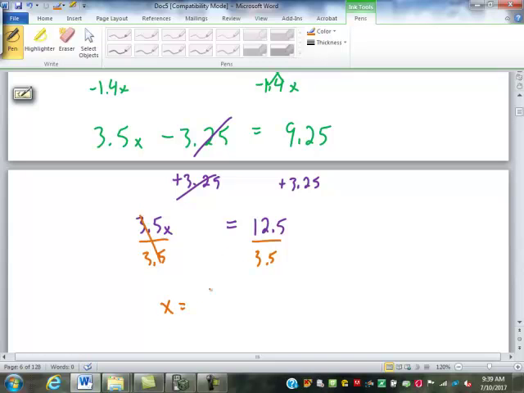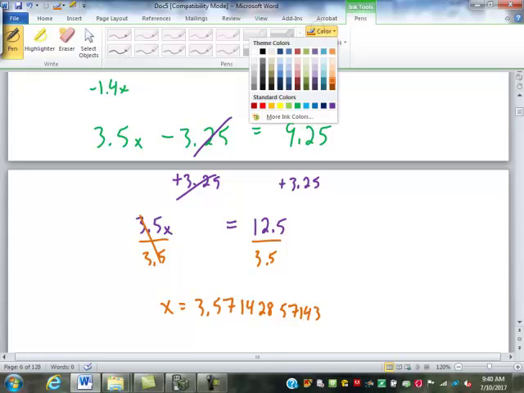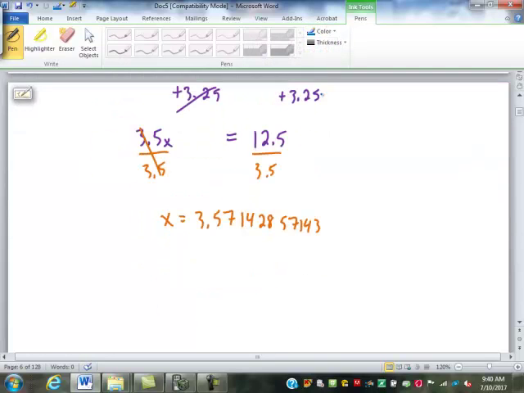So x is going to equal 3.571428571143. Yeah. Like that.